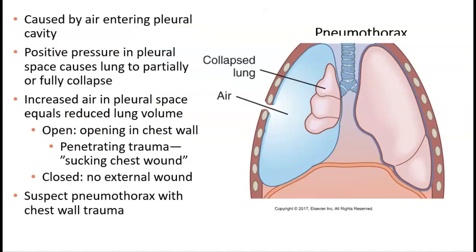So one of the dangers, of course, is the pneumothorax, which we've sort of talked about already. So pneumothorax can be caused by trauma, or it can be spontaneous. So the questions we need to ask ourselves is, what's the cause? So patho really is the air entering the pleural cavity.